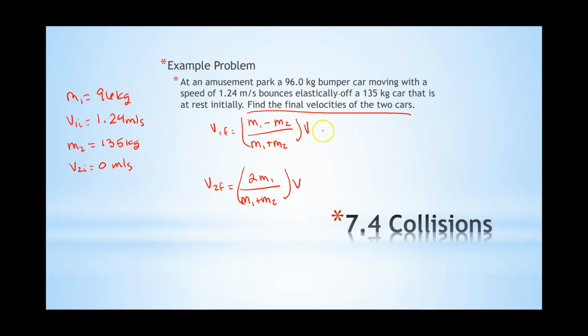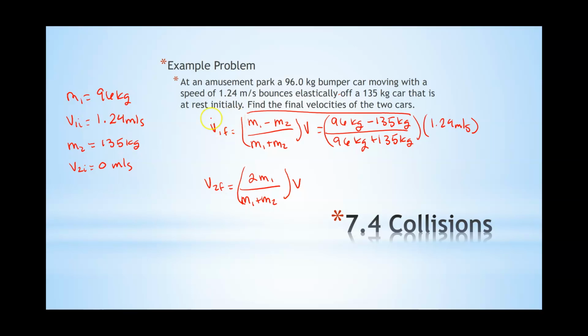So for v1f, we are looking at 96 kilograms minus 135 kilograms divided by 96 kilograms plus 135 kilograms, and this whole term is multiplied by the 1.24 meters per second. Notice that that top is going to give us a negative number. Right?